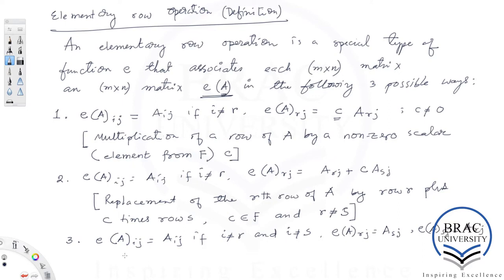In words, it's just the interchange of two rows of A, the rth row and the sth row. They are interchanged between them.